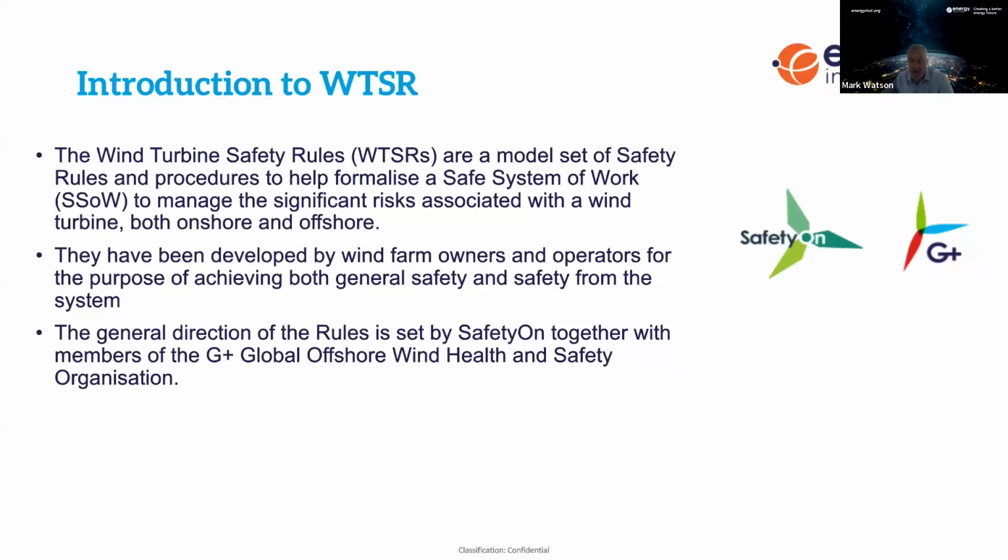They've been developed by both wind turbine owners and wind farm owners and operators, the purpose being to achieve both general safety and safety from the system. The direction for the Wind Turbine Safety Rules and the rule set is set by Safety On and G+, the Offshore Wind Health and Safety Organisation. And how that works is structured in the next slide.